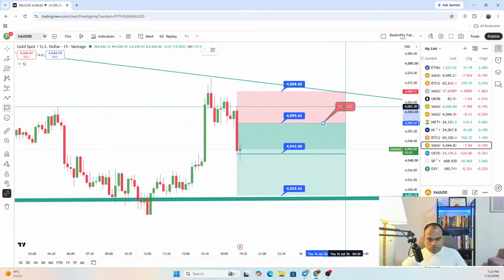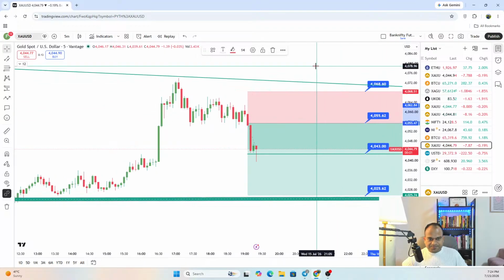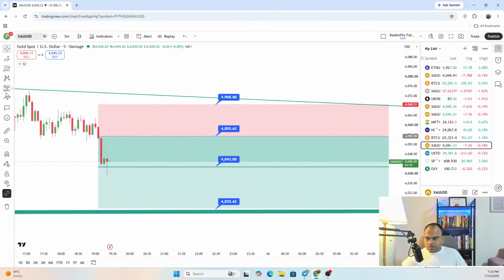I just took a sell trade on a 5 minutes chart. So this is my entry, at 4055. Let me write it down.